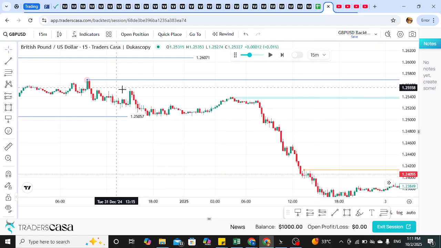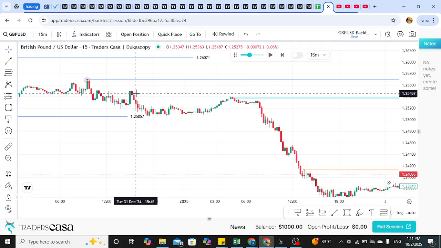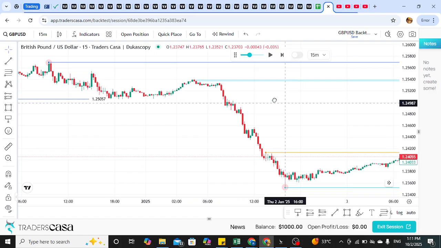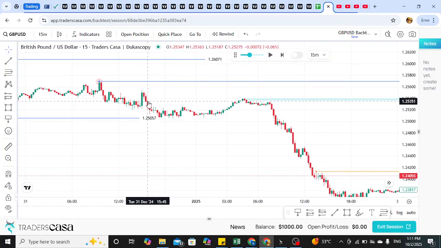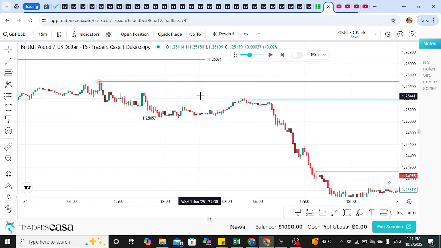If it was before, then it is minor, and I will ignore the range and wait for another range. I will not take a trade with a minor inducement. Why? Because when this is a minor inducement, what becomes the major inducement is the top of the range. That means the liquidity here is a target.